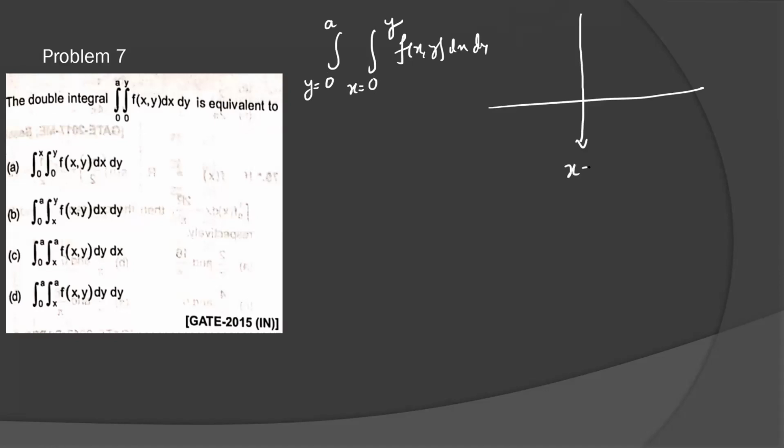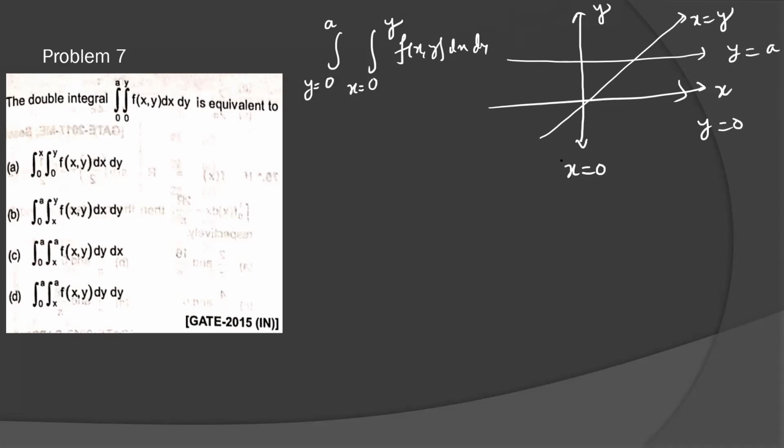X equal to 0 is this line, and x equal to y is this line. This is your x-axis, this is your y-axis. Y is from 0, y equal to 0 is this line, and y equal to a is this line. So can you tell me which is the bounded region? This is your bounded region.